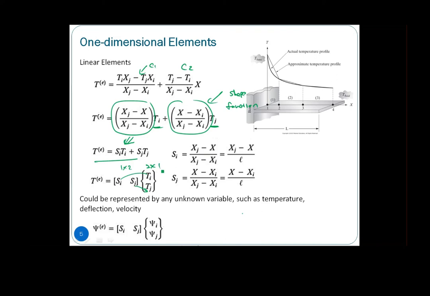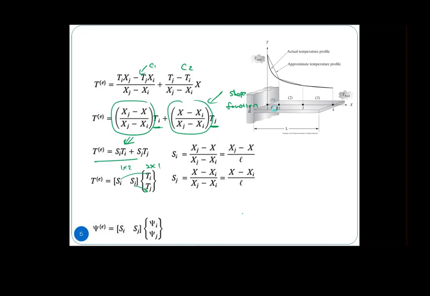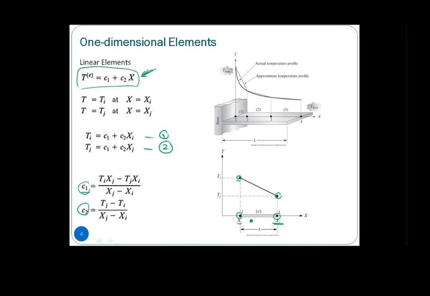If you look into these shape functions, Si and Sj itself, you can see that it is xj minus x, first thing. Then xj minus xi is actually our L, the length. If I have xj minus xi here, then this is our so-called length.